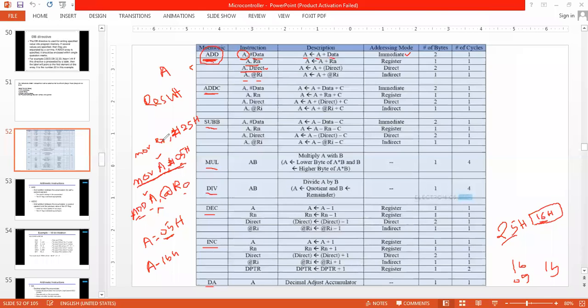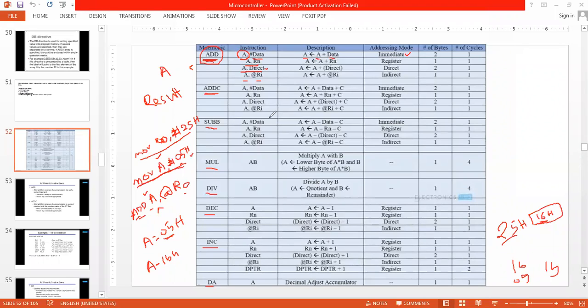And this R7 that is there, I will make it R0. Now MOV R0 comma hash 25H, MOV A comma hash 05H, ADD A comma @R0.